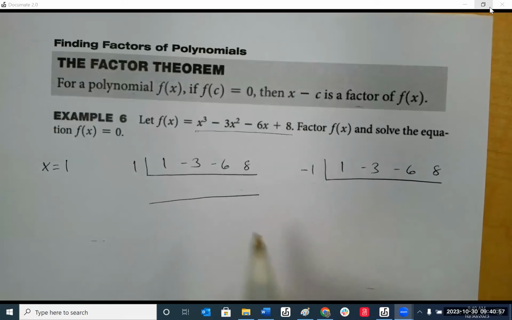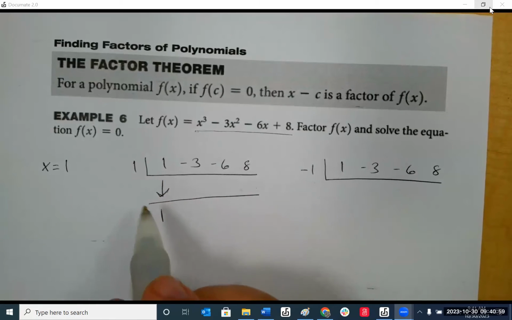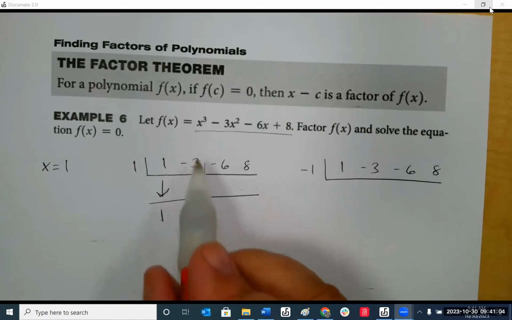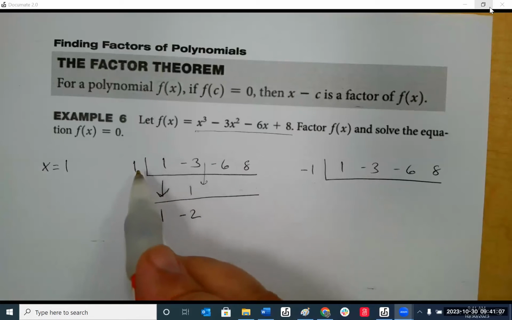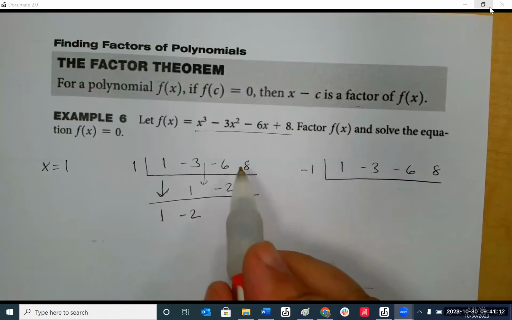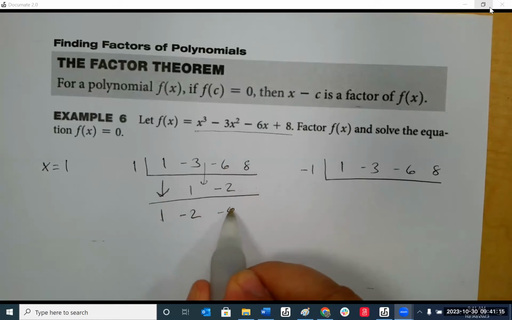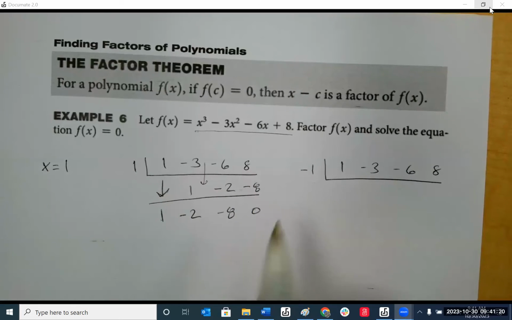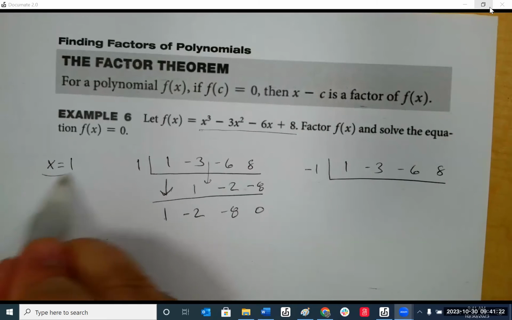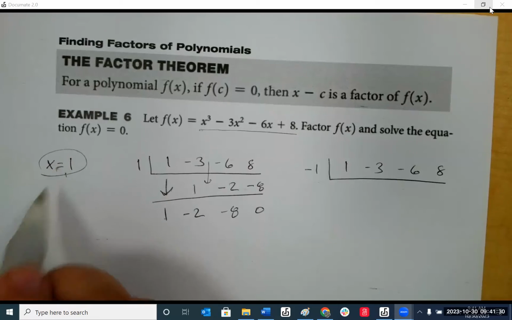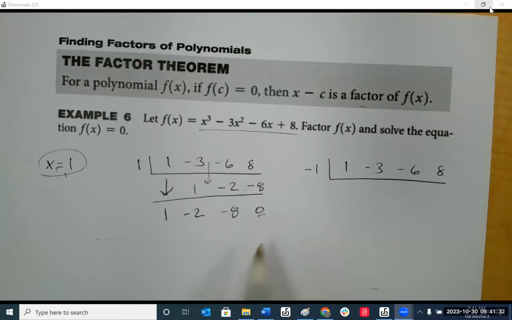Let's try the first one. 1 times 1 is 1. 1 minus 3 is -2. 1 times -2 is -2. -6 minus 2 is -8. 1 times -8 is -8, plus -8... is 0. So there's one of your zeros. That's one of your zeros because it made it equal to 0.